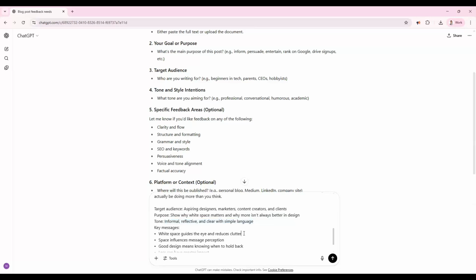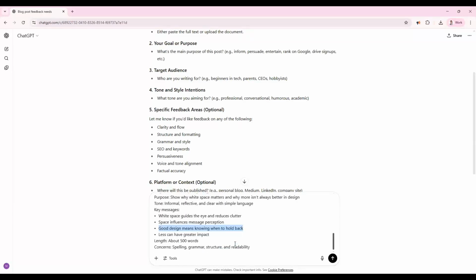And these are some of the key messages that I want to get across: white space guides the eye and reduces clutter, and good design means knowing when to hold back. That's just a couple of examples of the kinds of messages I want to get across. And then the length is going to be about 500 words. My particular concerns are with spelling, grammar, structure, and just general readability.